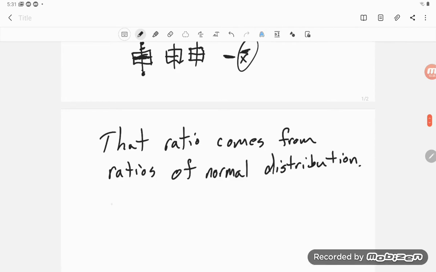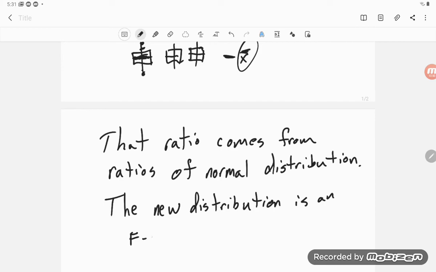But the new distribution is an F distribution. That's what it's called. We had a T distribution. Now here we have an F distribution. We had a chi-squared distribution. Chi is just another letter.